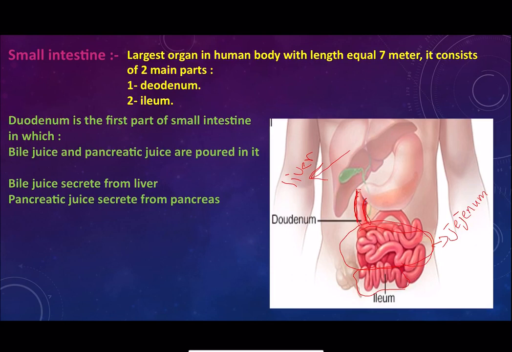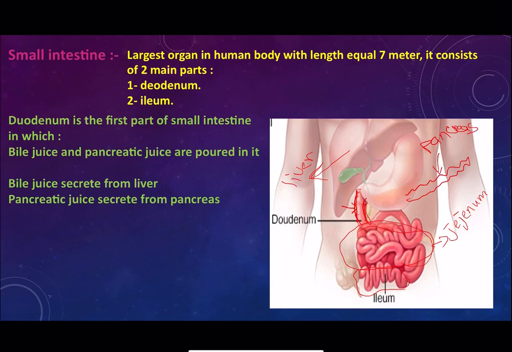So the juice excreted by the liver is poured in the duodenum, and here is the organ called the pancreas, which excretes pancreatic juice and pours it inside the duodenum.